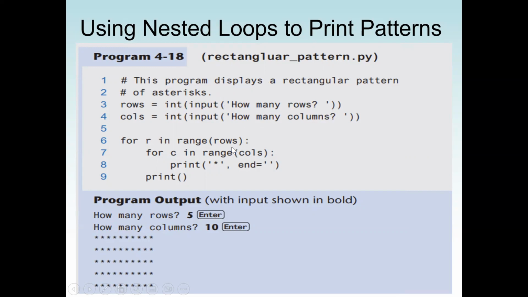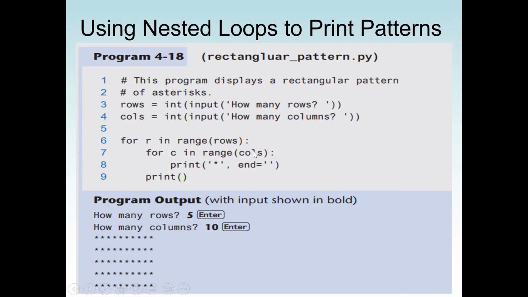Now remember, on a clock, hour is the highest, then minutes, then seconds. So here the rows are the outer loop. First, our for loop is about the number of rows. So we say for R in range rows, then for C in range columns. If we are in the first row, we are going to execute the columns as many times as we want.